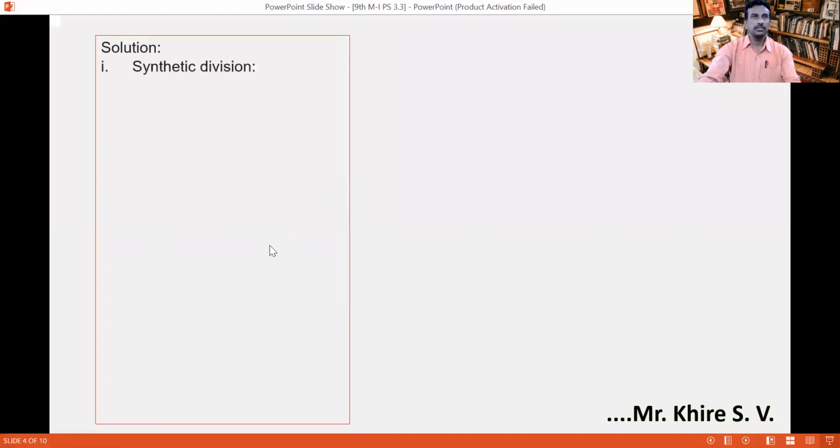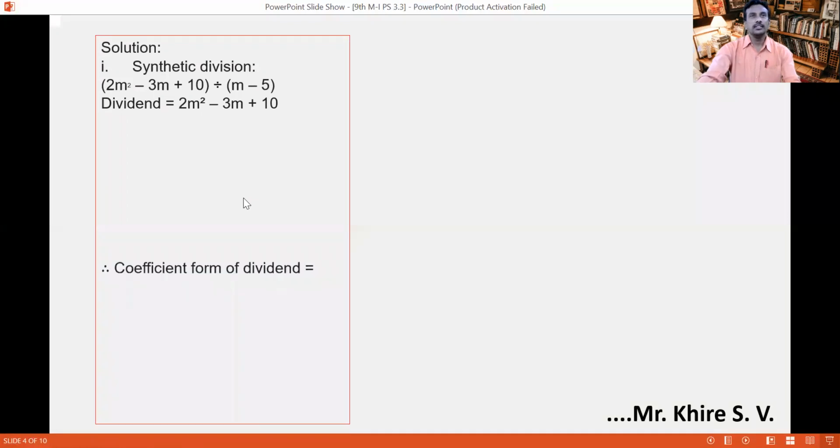By using the synthetic division method, divide 2m square minus 3m plus 10 by m minus 5. These two polynomials are given. The dividend is 2m square minus 3m plus 10.